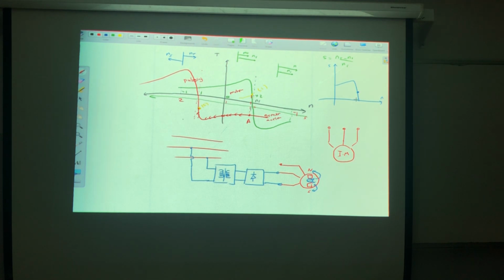It will behave like a DC machine. It's not a DC machine. It will stop directly actually. It will generate huge braking. This curve is not valid anymore because this curve is for a certain V and frequency. Now the frequency is 0, so I'm here. The frequency is 0. I'm here. So I think it will go like this. Actually, this will be a very, very, very fast brake.